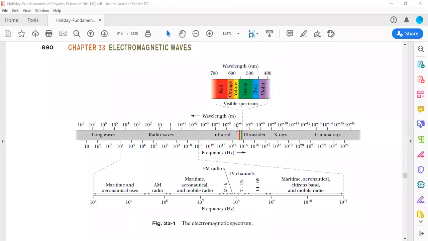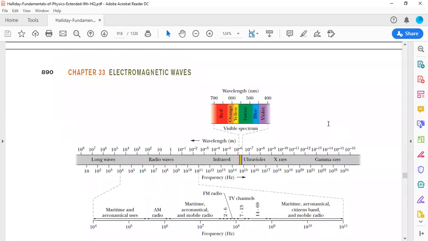I will try to manage some time at the end of your syllabus to brief you about spectroscopy techniques, what is meant by spectroscopy, how it is important, and how we can use electromagnetic waves in order to study materials and understand the properties of fluids, solid-form materials and other types of materials, maybe in gaseous form or other form.